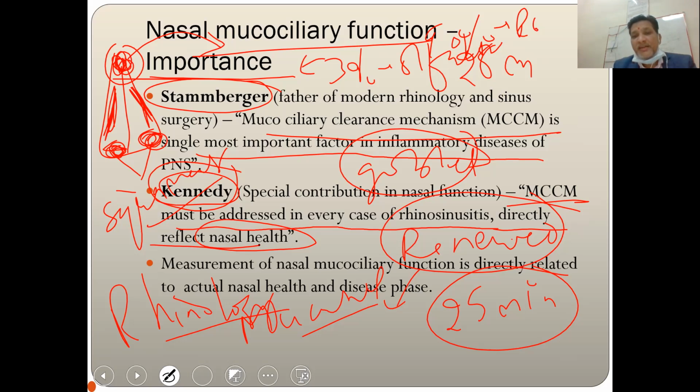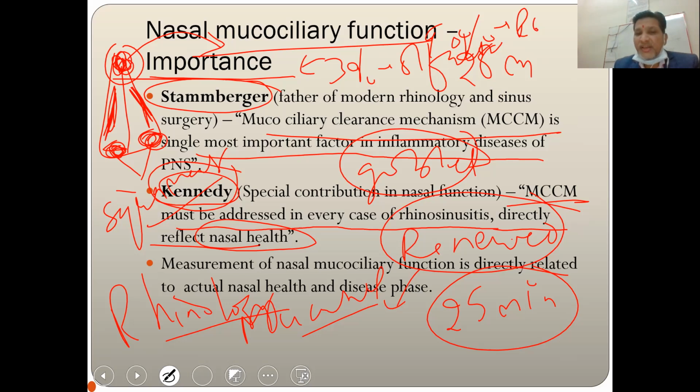It is a very simple test. The time is measured from putting the saccharine in the nasal cavity to the arrival of the sweet taste by the subject. This is called saccharine time or mucociliary clearance time.